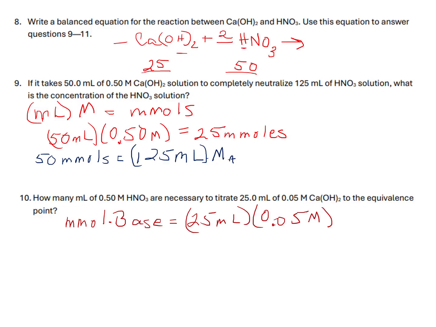And then you have the number up here that goes with this. So you're just going to multiply that by 2 to get how many millimoles of acid you would need, and then you solve for the volume of the acid that you would need.